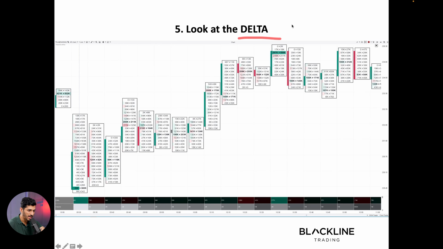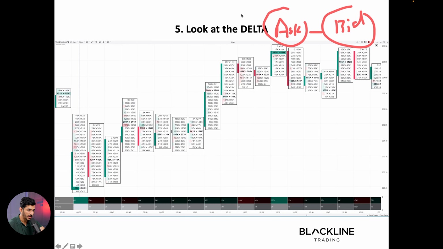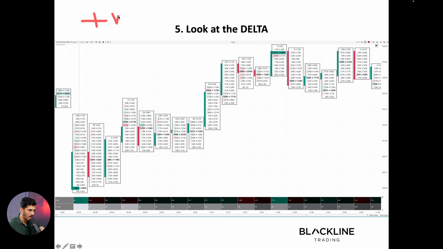A delta is the difference between the ask side and the bid side, right? So orders that are being filled at the ask and orders that are being filled at the bid, if you take the difference between those orders, that is going to give you your delta. Now, whenever interpreting the delta, you always have to look at the context, because positive delta does not always mean that the price is going to just revert and go higher.